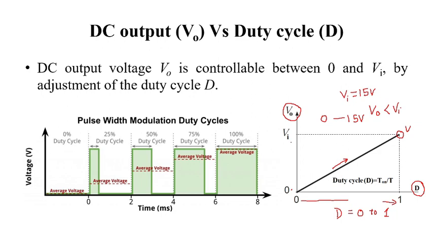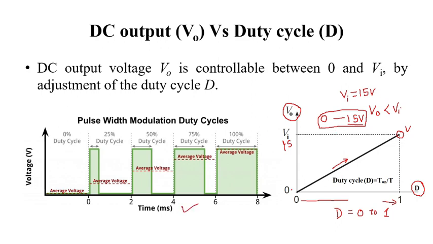This is 0, and this is 15, so the output voltage is regulated between 0 and 15 only. Your output voltage is never going to exceed the input voltage. For this example, if we take a 15 volt input, it cannot exceed 15 volts.